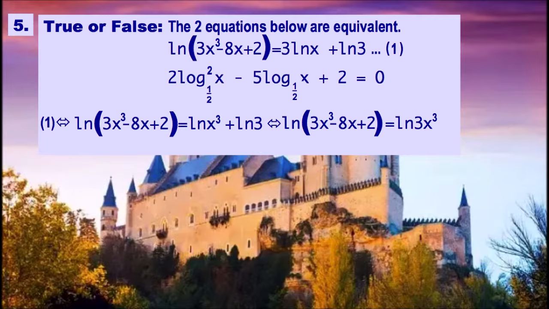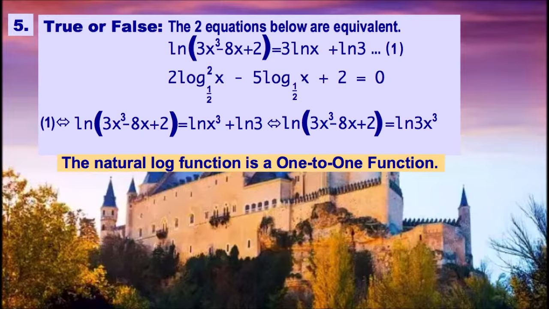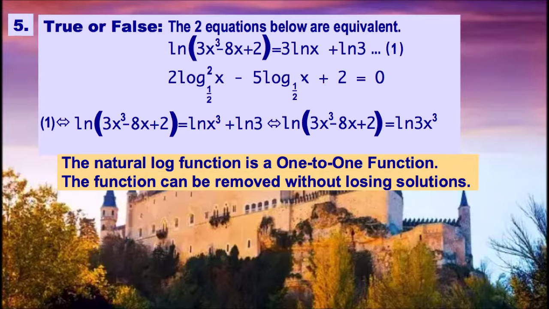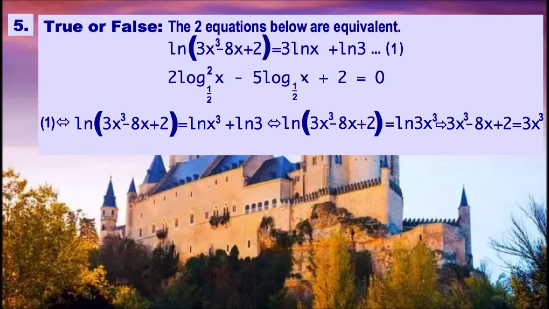equivalent to ln of 3x cubed minus 8x plus 2 equals ln of 3x cubed. The natural log is a one-to-one function. The function can be removed without losing any solutions. Thus, 3x cubed minus 8x plus 2 equals 3x cubed.